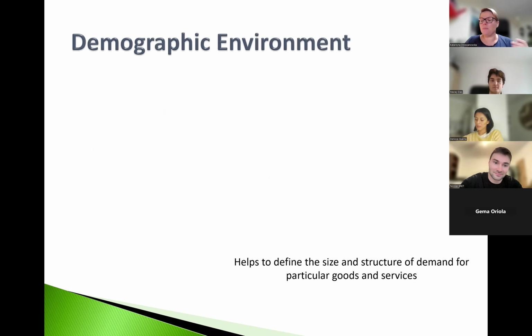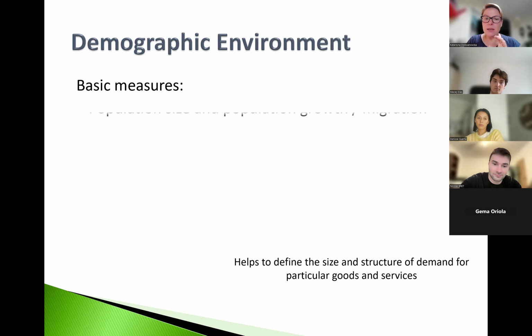Then we have demography. We're really rushing through that. So demography is important because it helps you define the size and structure of demand for your product. Knowing how many people and what is the structure of the society will help you estimate the target market for your product.